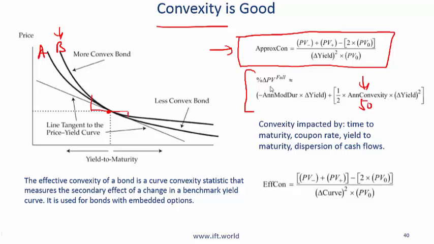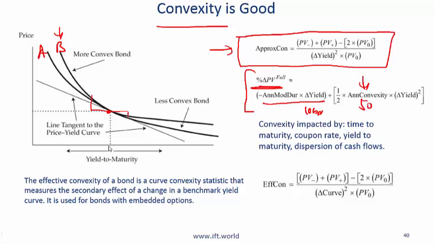If you take the percentage change in the price of a bond and use the annualized modified duration concept, as we've talked about earlier, let's say that there is a 10 basis points change in yield. 10 basis points we've already calculated, that is 0.1%, which is 0.001 in decimal.